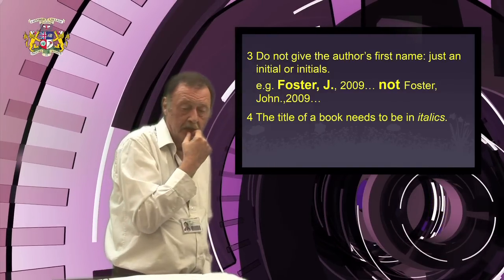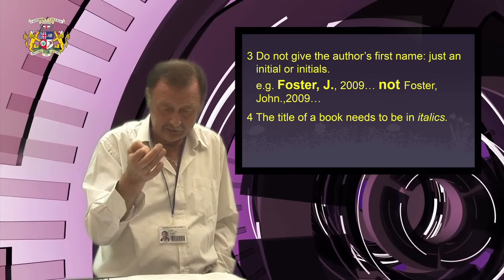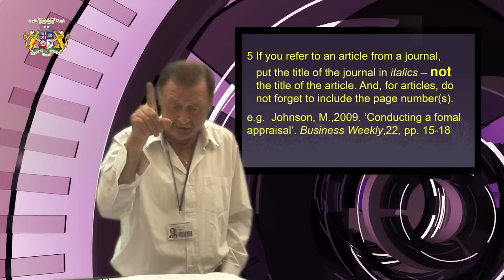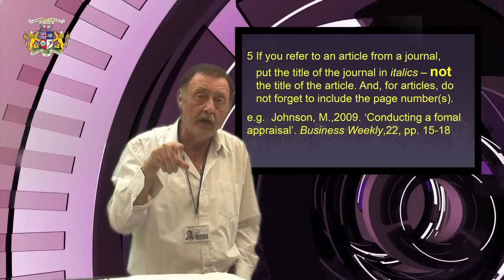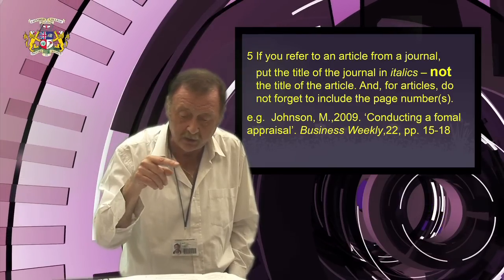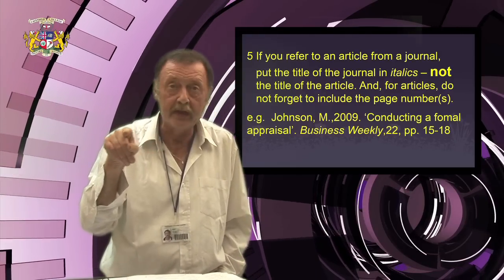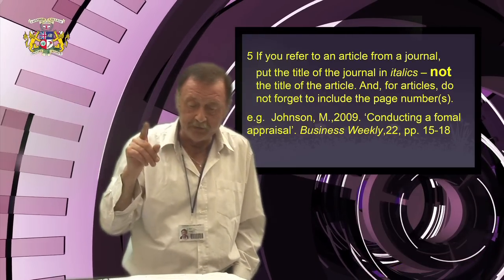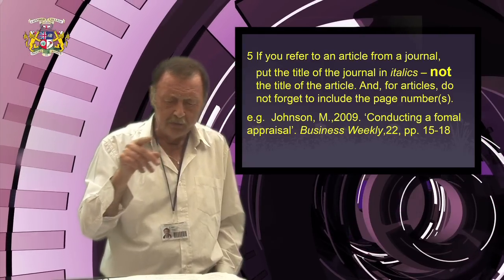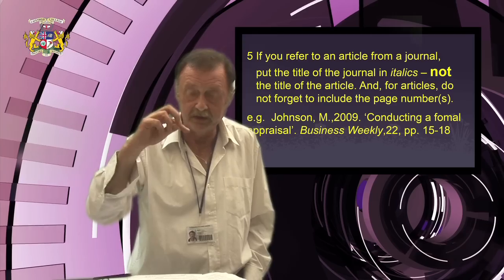Number four. The title of a book needs to be in italics. However, number five, be careful. If you refer to an article from a journal, put the title of the journal in italics, not the title of the article. And for articles, not books, do not forget to include the page numbers. You see the difference?